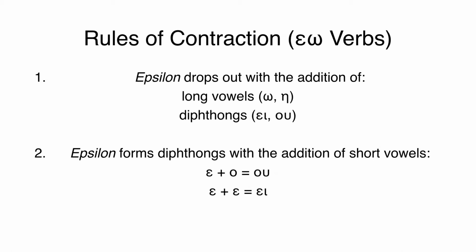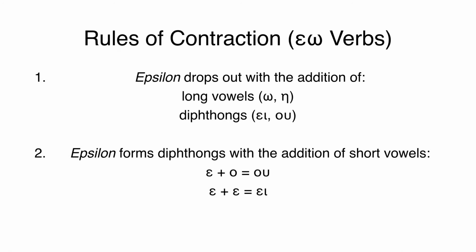The rules of contraction help us to generate that conjugation for poieo that we've just seen, if all you know is the luo verb table. In other words, if you know the luo verb table and the rules of contraction, you can put those two things together and generate the poieo conjugation.